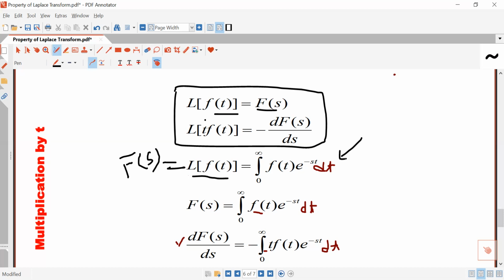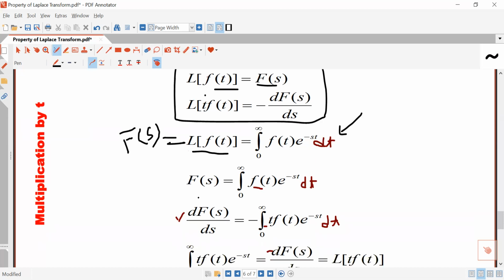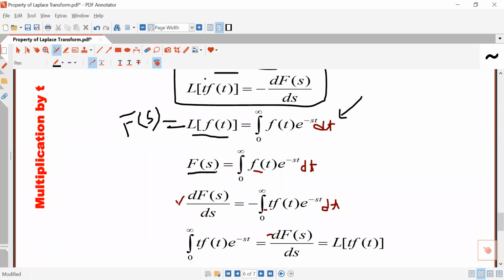Now you have to differentiate this expression with respect to s. When you differentiate with respect to s, the coefficient of s is t here, so this minus t will appear as a coefficient of f(t).